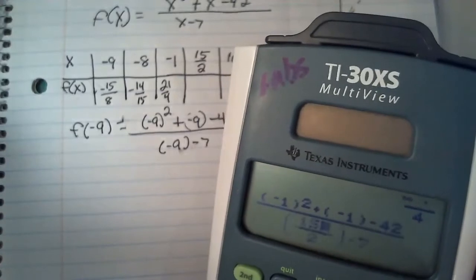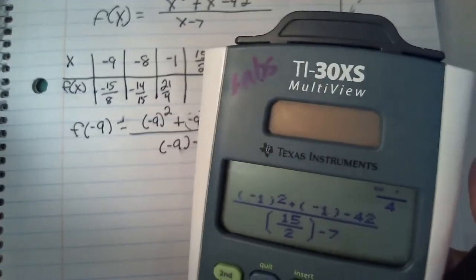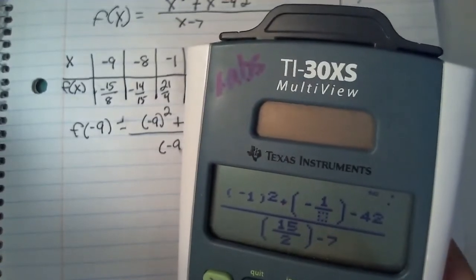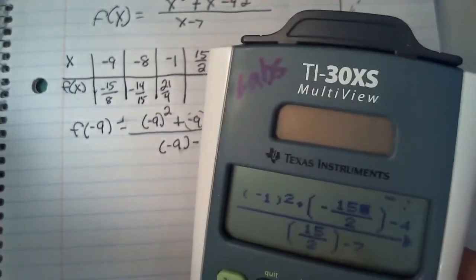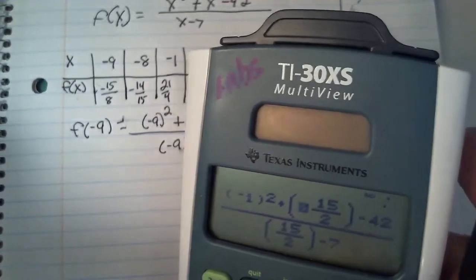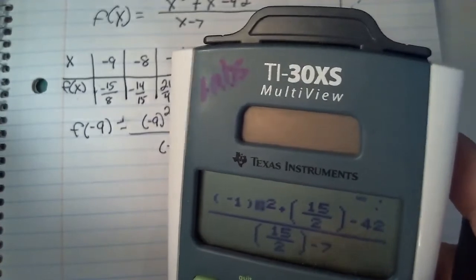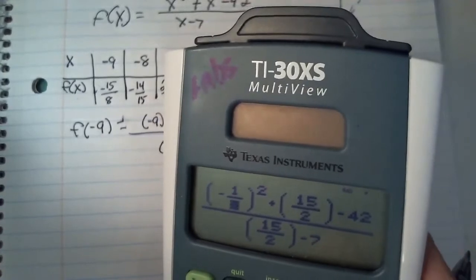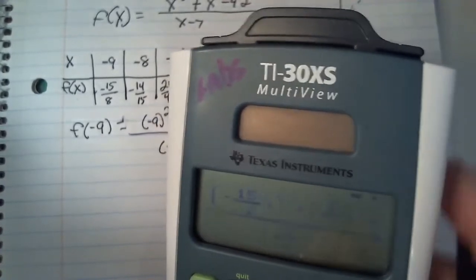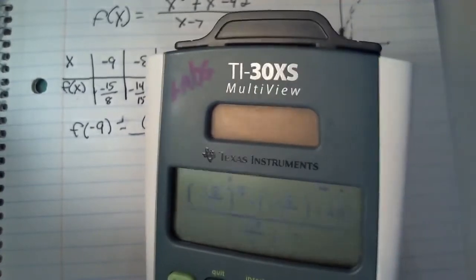I have to go back up to the top and do the same thing and put a fraction, 2 on my denominator, 15 on my top. I have to delete my negative. And push enter, and I get 87/2.